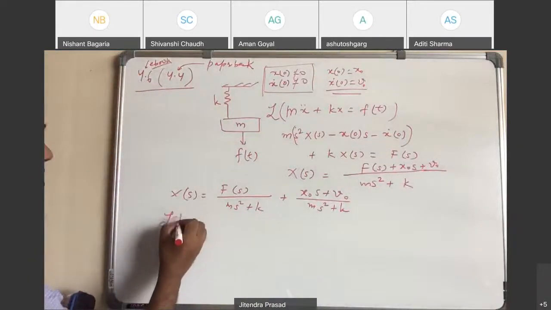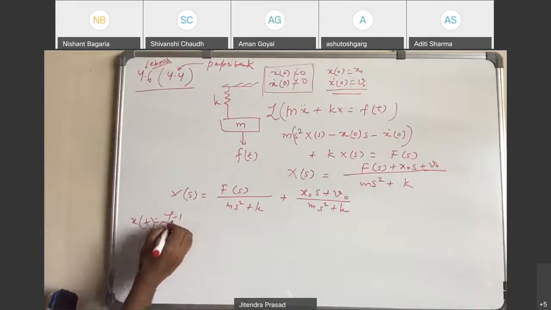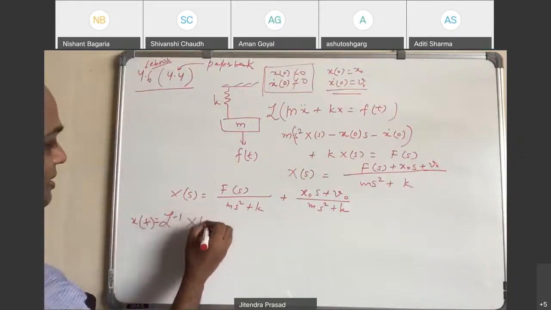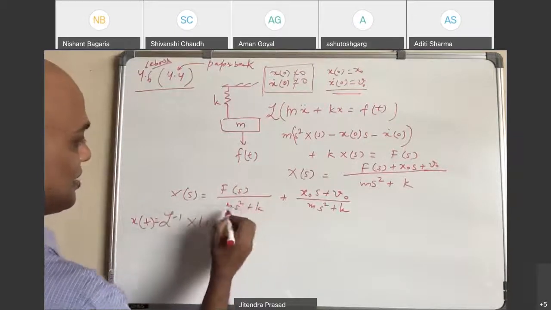Then you take the inverse Laplace to get x(t).